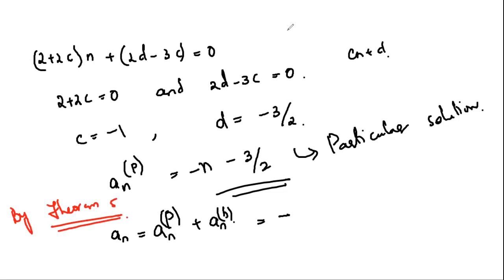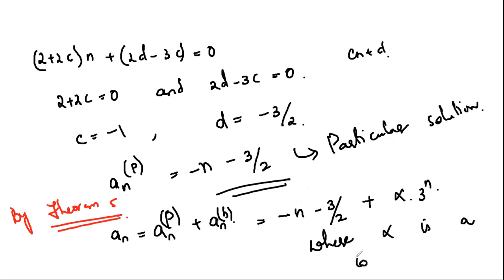So we will write the entire thing: minus n minus 3 by 2 plus alpha into 3 power n, where alpha is a constant. Now we need to find the value of alpha, to find the solution with a1 equal to 3. So we know that a1 is given as 3.